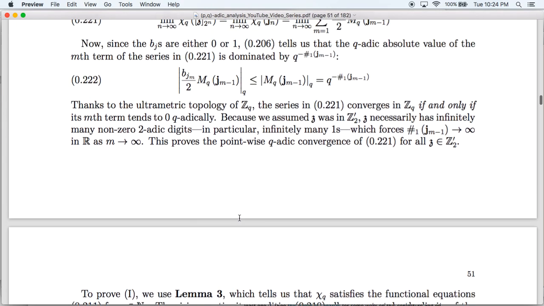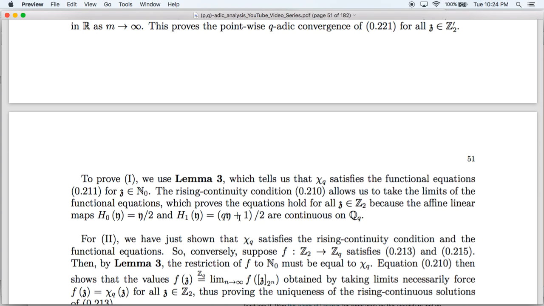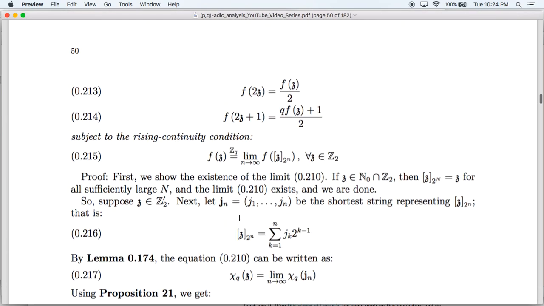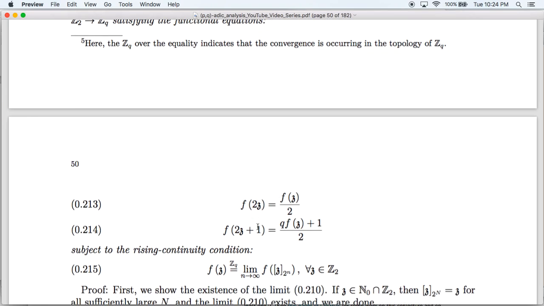So for 2, to show the uniqueness, suppose f satisfies these functional equations and is rising continuous. Then the restriction of f to N_0 must be equal to chi_q. If f satisfies these equations for all q-adic integers z, it necessarily satisfies these equations for all non-negative integers z.